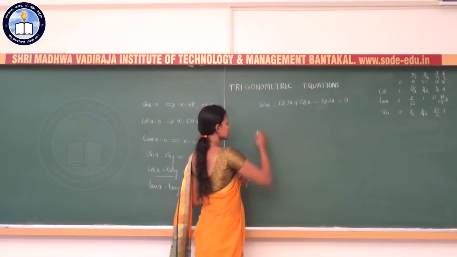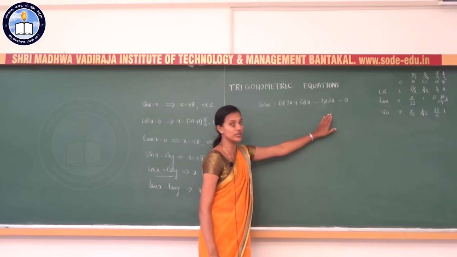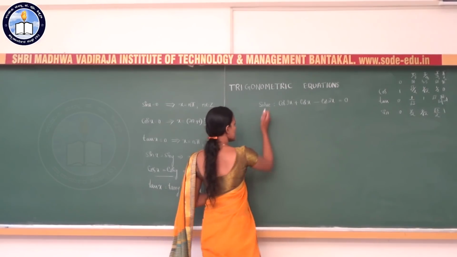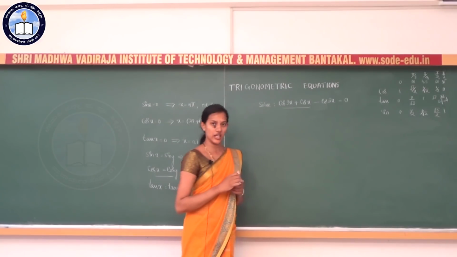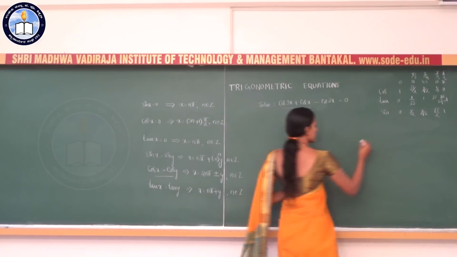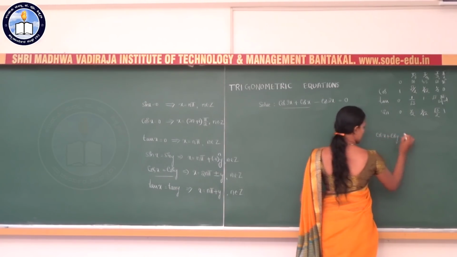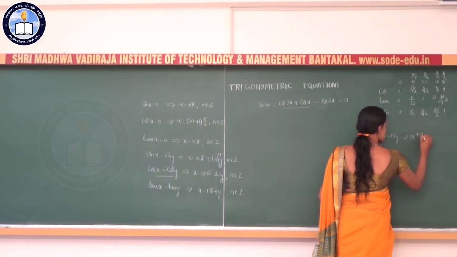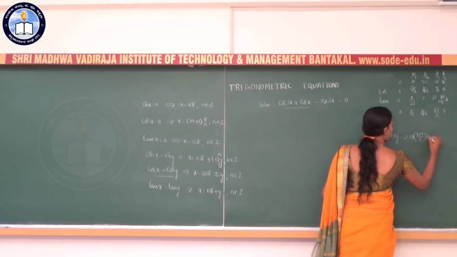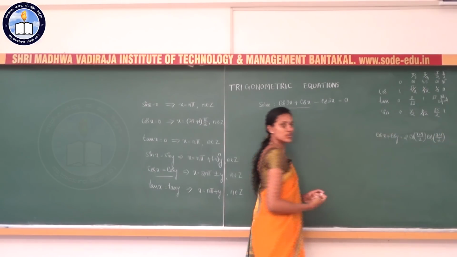Next question, solve cos 3x plus cos x minus cos of 2x is equal to 0. Here let us combine cos 3x and cos x. We have a formula, cos x plus cos y is equal to 2 cos of x plus y by 2 cos of x minus y by 2.